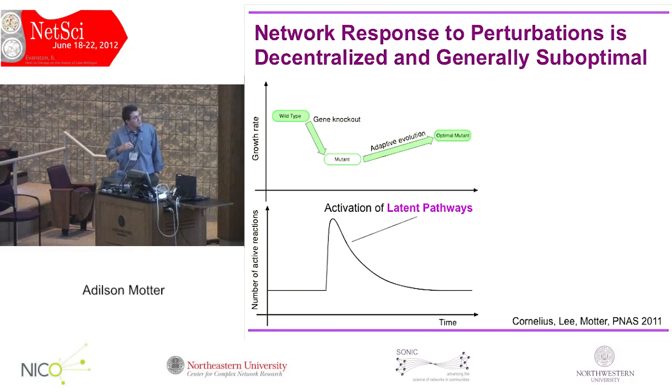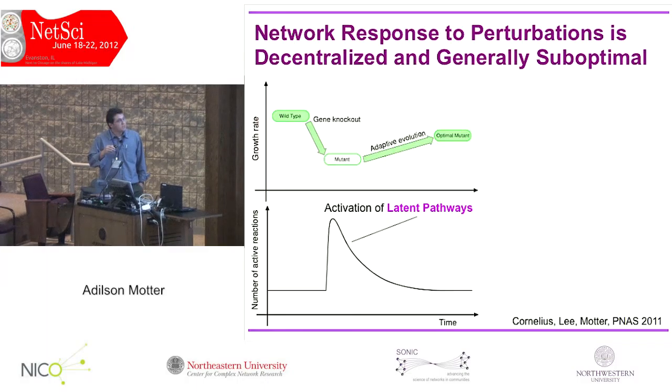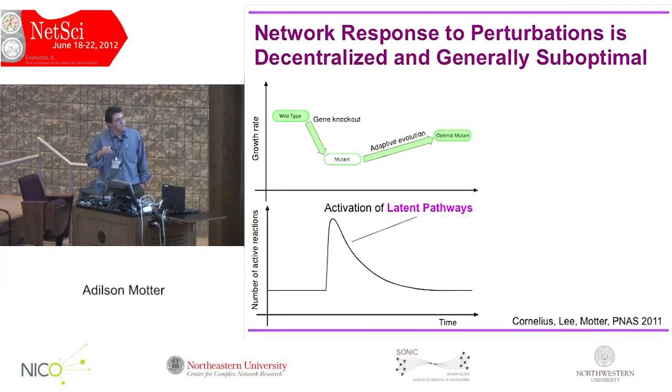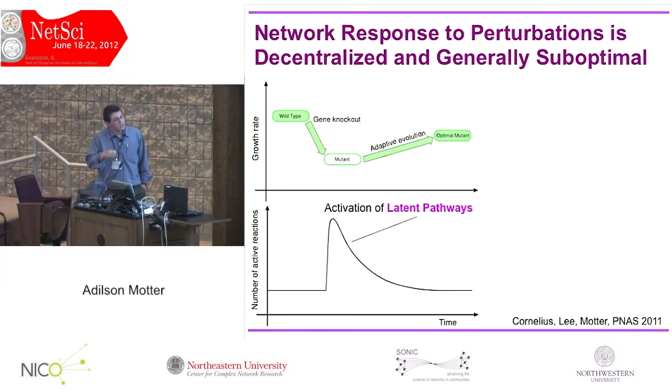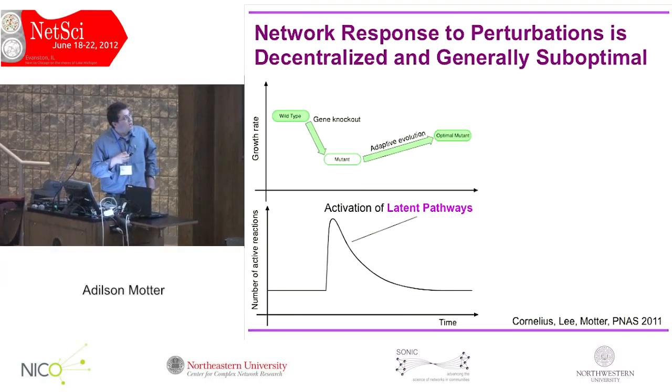But when you look at the metabolic network level, you have a burst of reaction activations following that decrease in growth rate. This is what we call the activation of latent pathways, because they are inactive both before and after, but over the time of adaptive evolution, they are active.